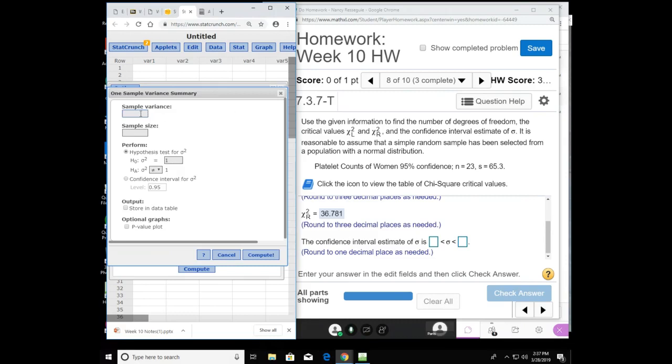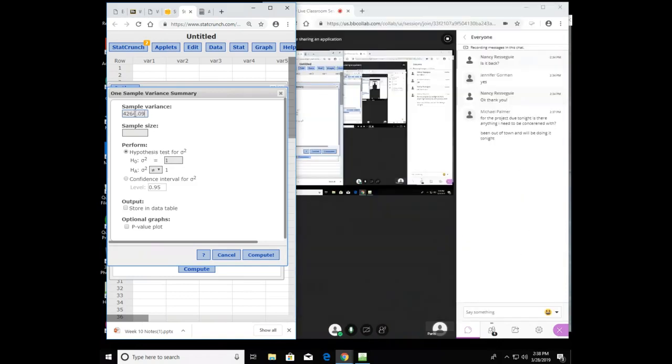So it's going to ask you for the sample variance. That's going to be the square of the standard deviation. So in mine, they gave me S equals 65.3. I have to square that to get the number to put in for the sample variance. So 65.3 squared. So yeah, mine came out to be 4,000 and something.